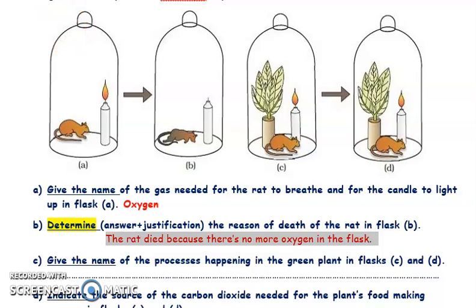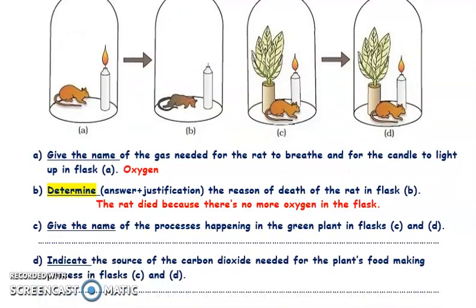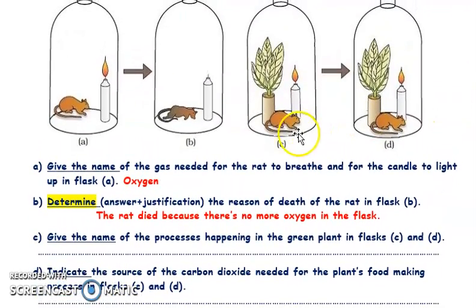Give the name of the processes happening in the green plant in flasks C and D. This is the second experiment that we did. We placed a green plant, a candle, and a mouse in a closed flask. We have the green plant growing, and the candle is still burning, and the rat is still breathing and still alive.